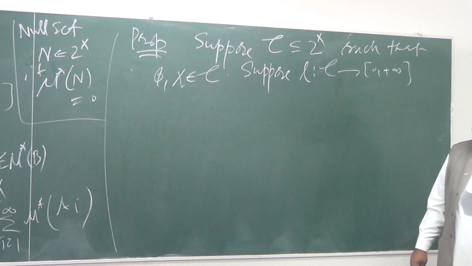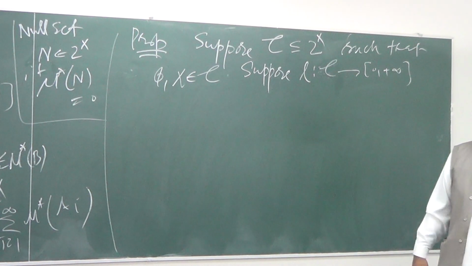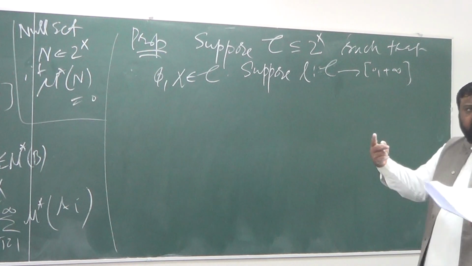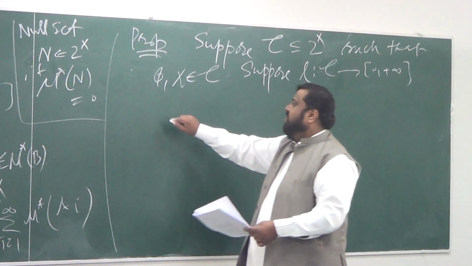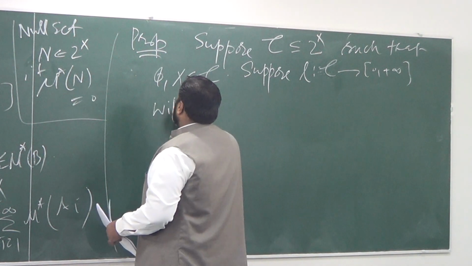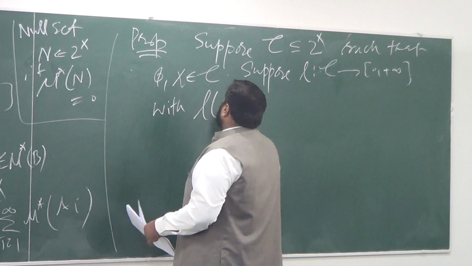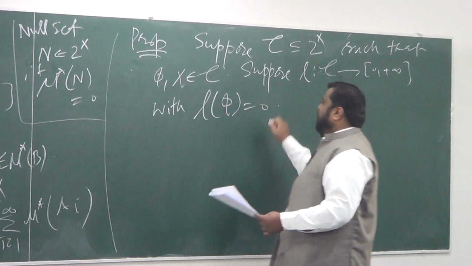So you have some notion of length. For example, in the case of R, you have this notion of length, which gives you the lengths of the intervals, with L of the empty set being 0.